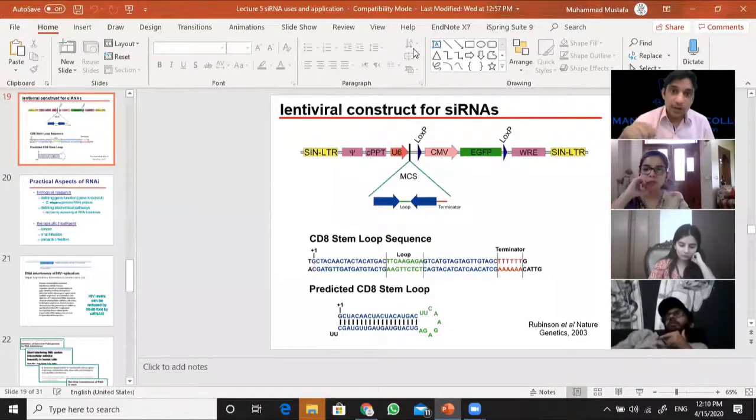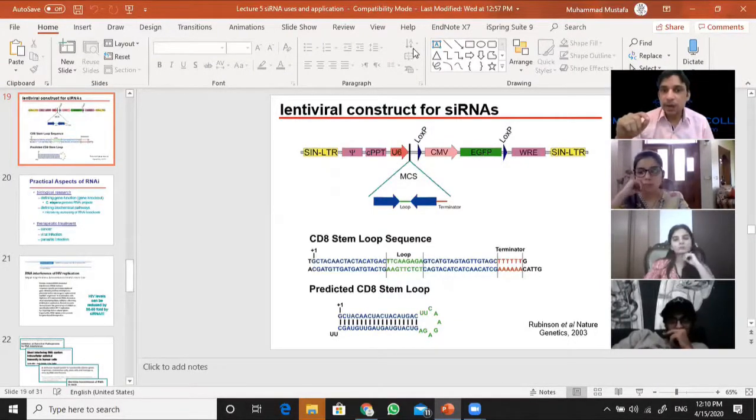So destroying the guide RNA doesn't make any sense, since it's a very small fragment of RNA that is created out of the double-stranded RNA. So we do not target the guide RNA because it's a very small fragment of RNA. Okay, anybody else want to ask a question?